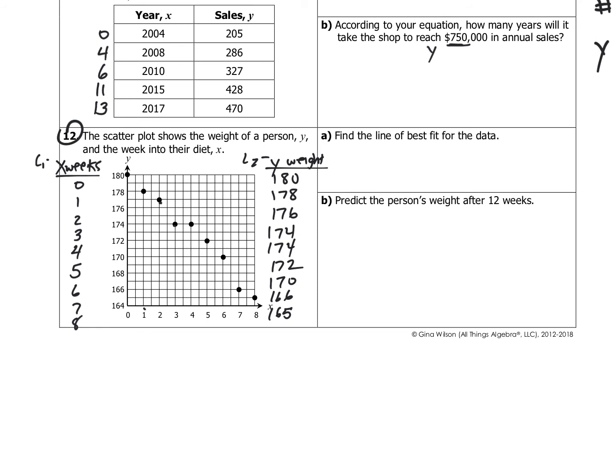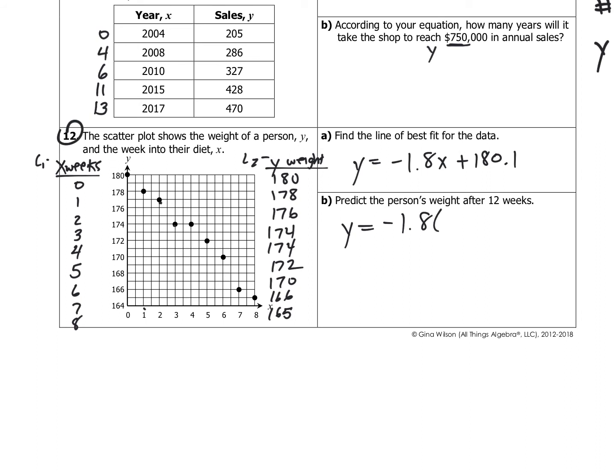All right, so I ran my linear regression, and when I did that, I got y equals... In this case, I'm going to round to the nearest tenth. So I got y equals negative 1.8x plus 180.1. And it says predict the person's weight after 12 weeks. So I'm going to substitute 12 in for x.